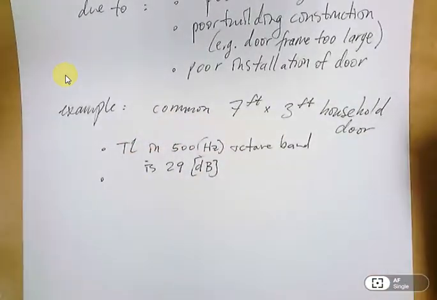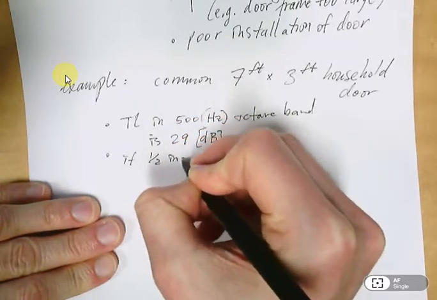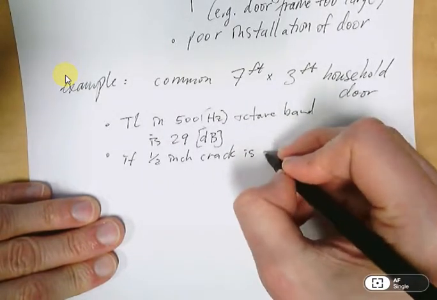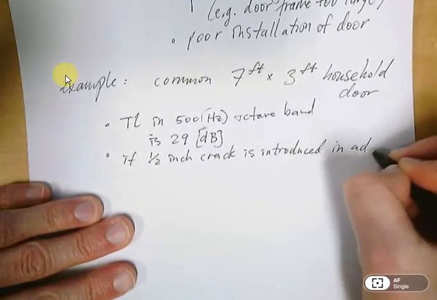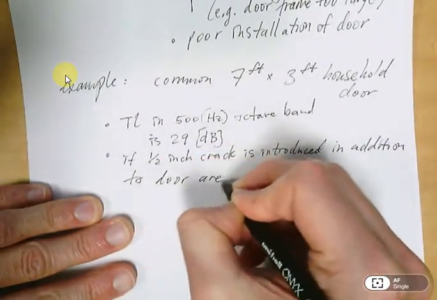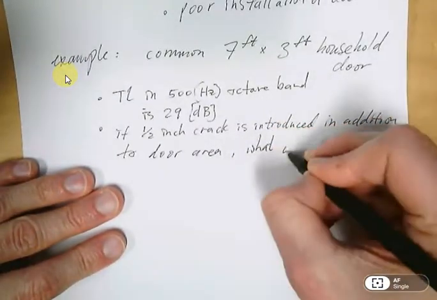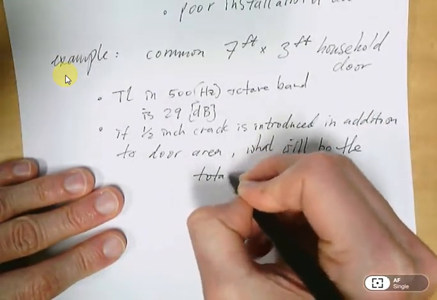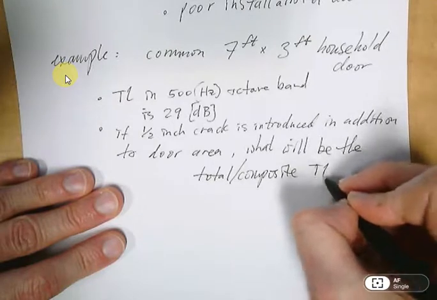So if a 1/2 inch crack is introduced in addition to door area, what will be the total or composite TL? Can you solve that?